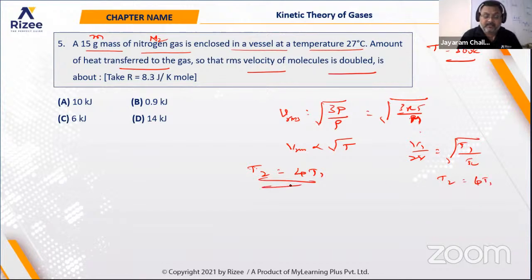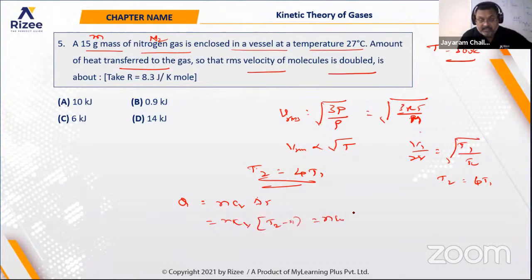This is the one we have got from here. Now, as we know, heat produced is equal to nCv dT, the change in internal energy. From this, nCv into the change in temperature, T2 minus T1. T2 is 4T1 minus T1, which is going to be 3T1.